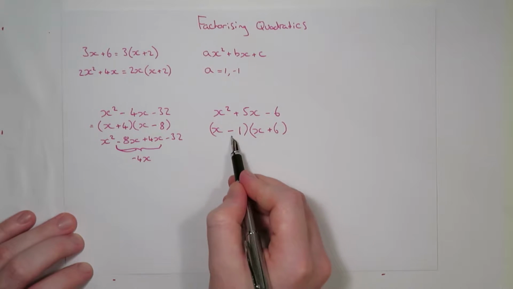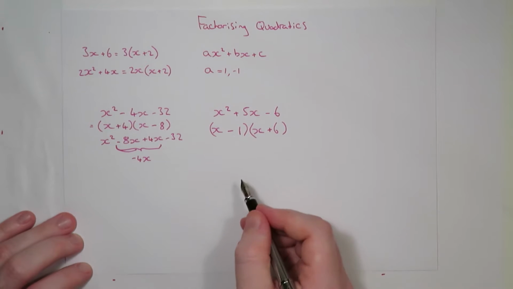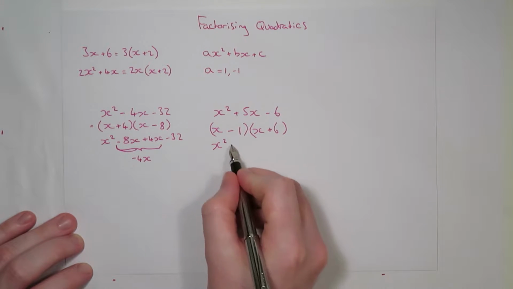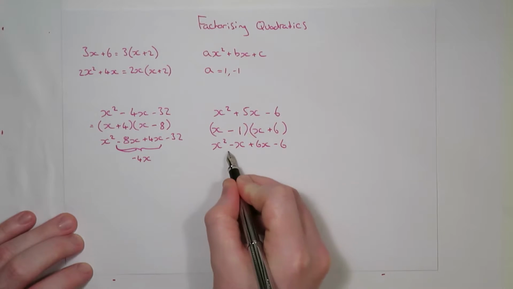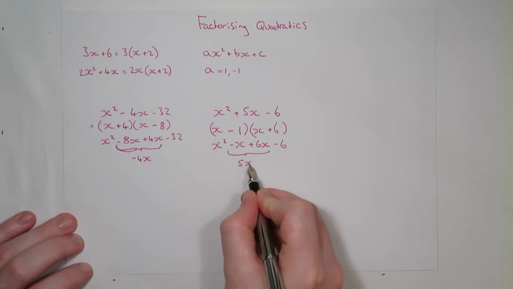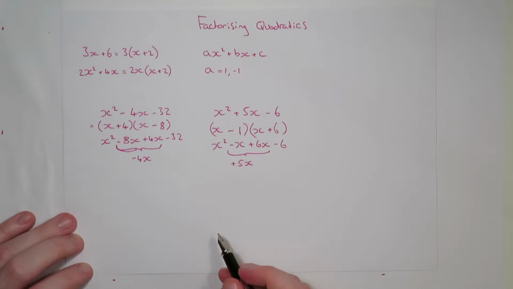Positive 6 subtract 1 is plus 5. So that works. And if you were to multiply that out, just to check, this term here is positive 5x. So x squared plus 5x minus 6. So yeah, that works, no problem.